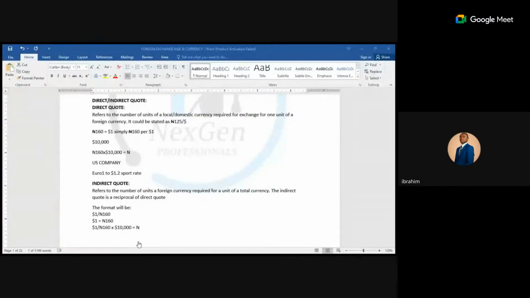Then check the spot rate given to you. What is the spot rate? Do you see dollar comes first before the naira, or do you see naira first? These are the things you need to check. What is the functional currency of that company first?